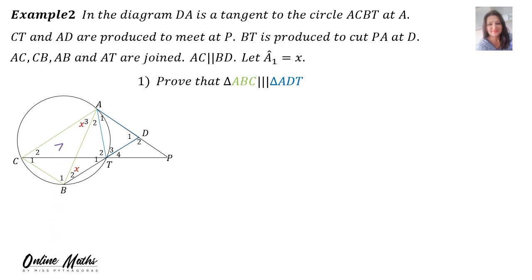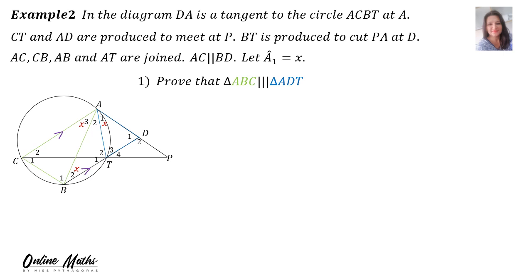AC is parallel to BD. Let A1 be equal to X. Number 1. Prove that triangle ABC, that's the green triangle, is similar to triangle ADT, that's the blue triangle.